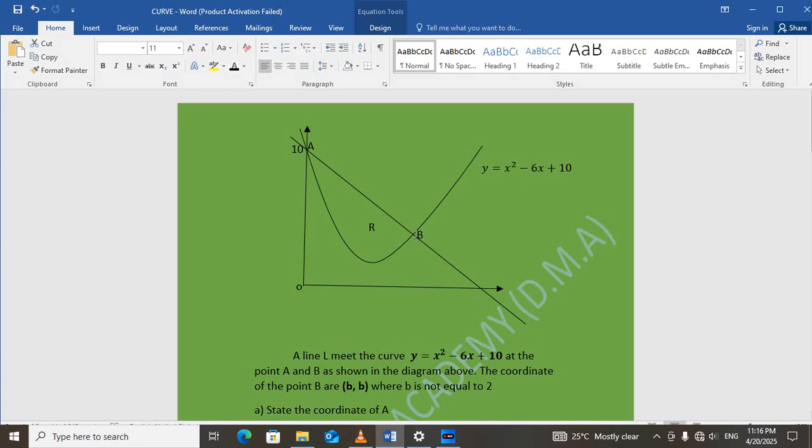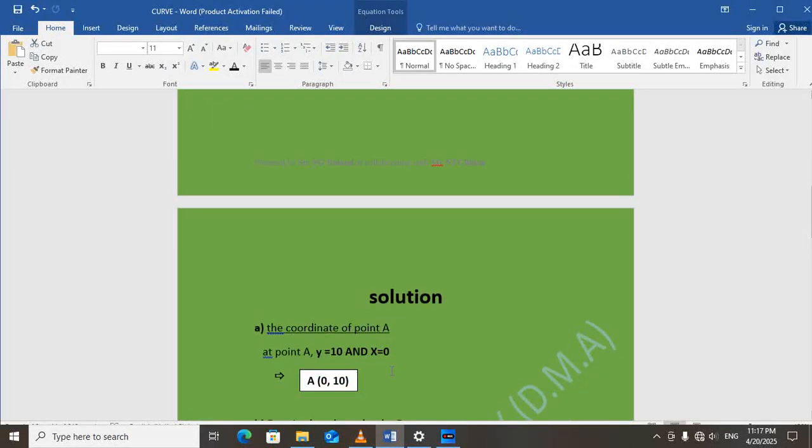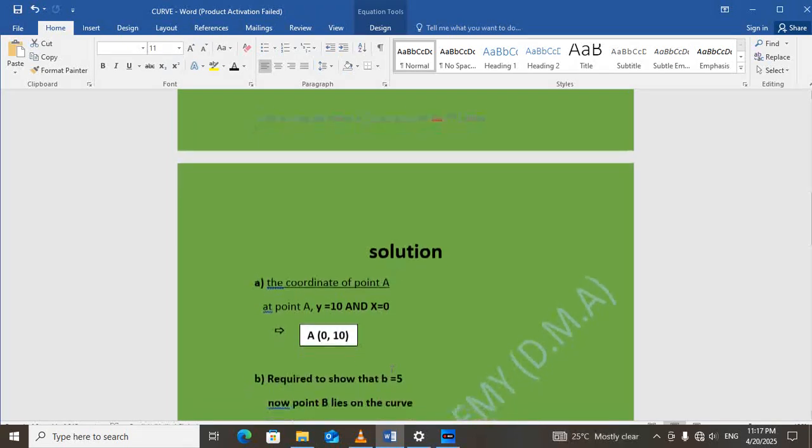At this point, the line and the curve intersect, so the x coordinate of the line and the x coordinate of the curve here are the same. That's the idea we're going to use to solve this question. But now there is an issue. The issue is that we don't have the equation of the line.